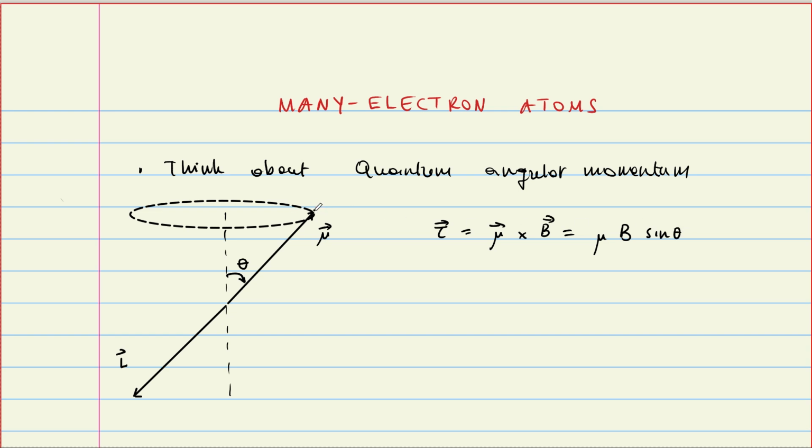And the torque, for example, if you put a magnetic field like this, B along z, and mu is along this, B is along this, by the right-hand rule, the torque is going to be into the page, or in this case, if I use the spherical polar coordinates, it's going to be the unit vector along the phi direction. And I require this to be equal to, by Newton's second law, dL dt.